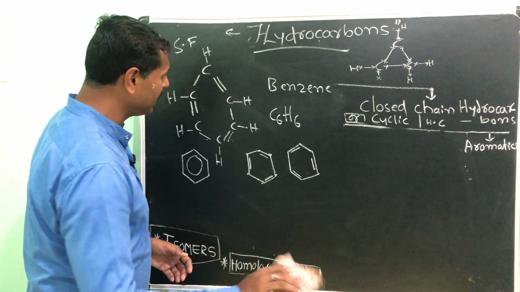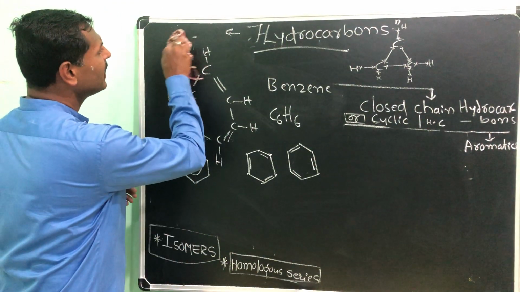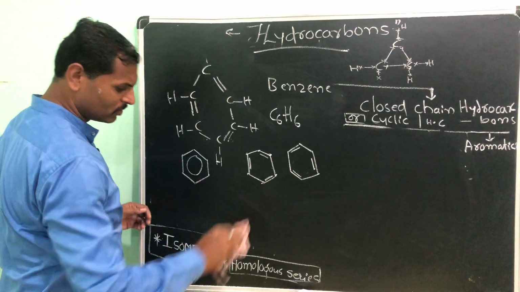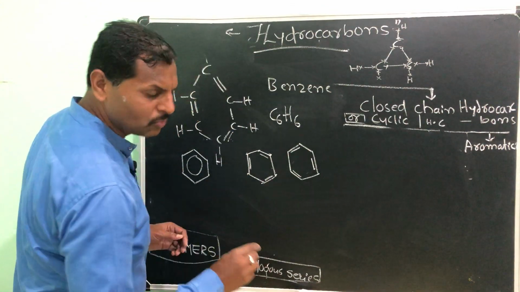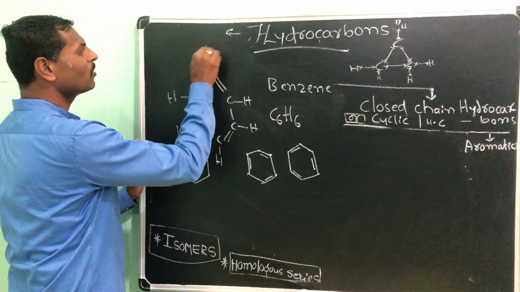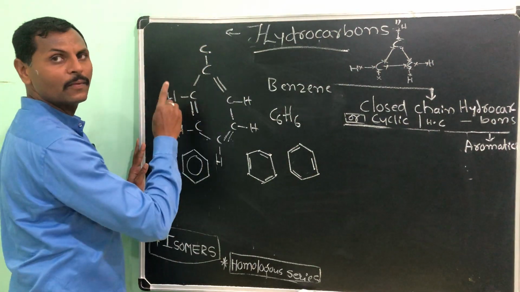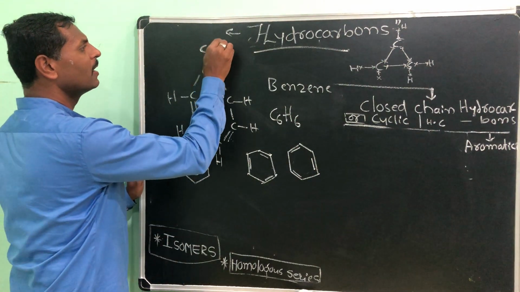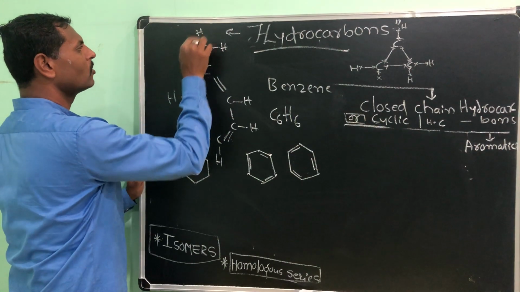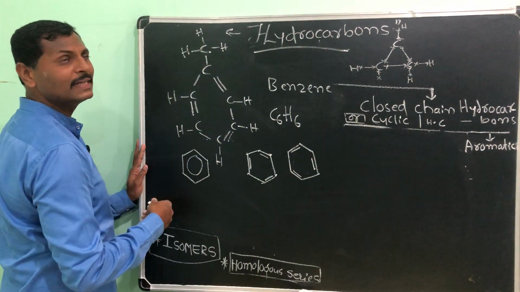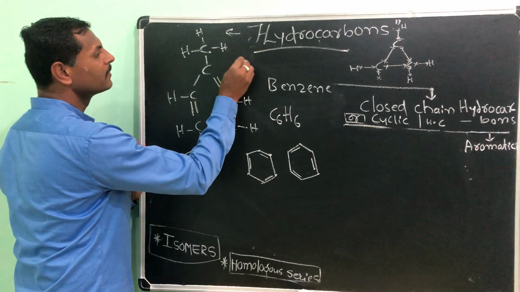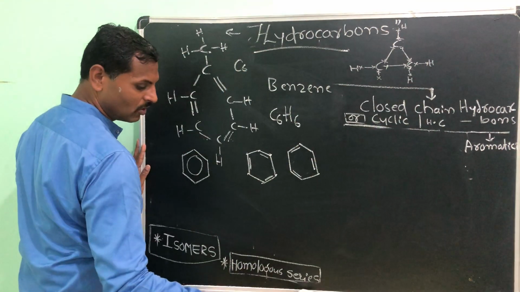All right. The same benzene, simply I will remove this hydrogen and place one more carbon. For this carbon I have to give 4 bonds, right? Now it is C6, but now it is not a benzene.